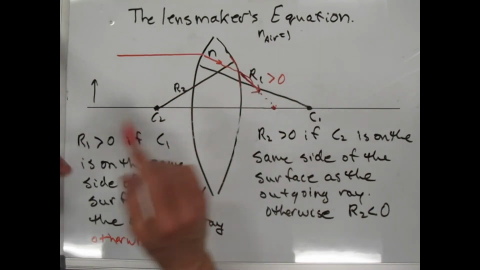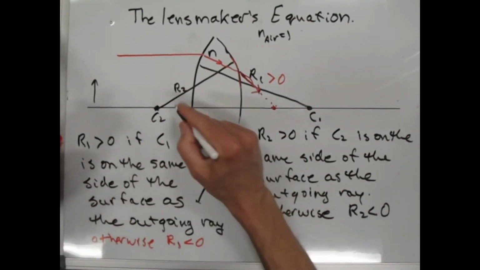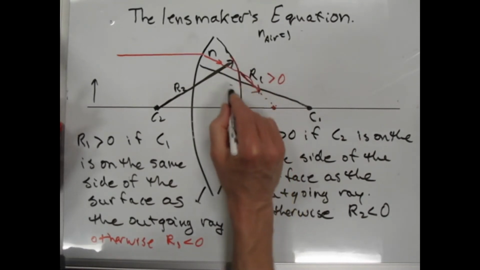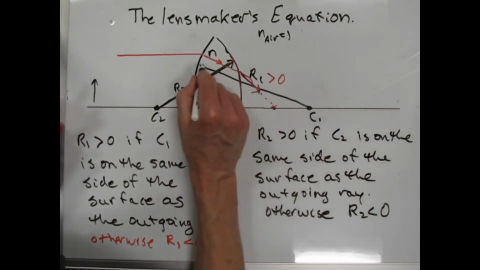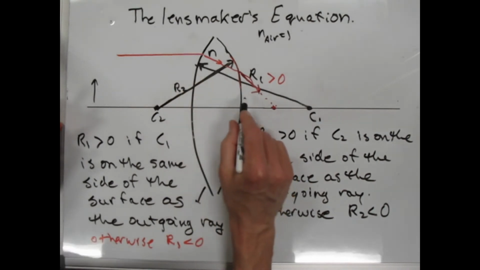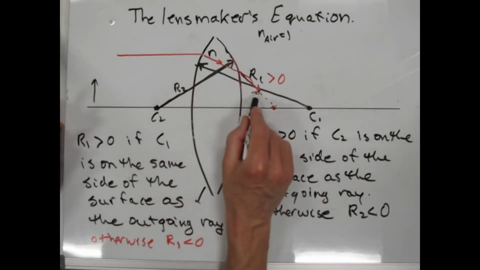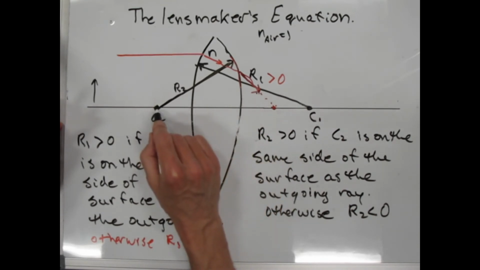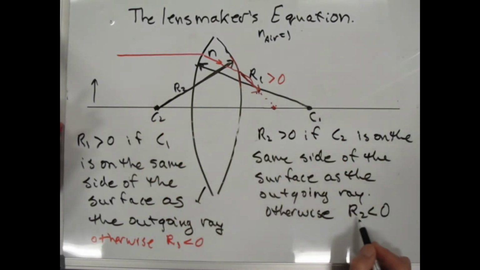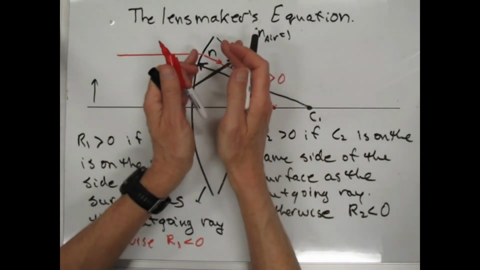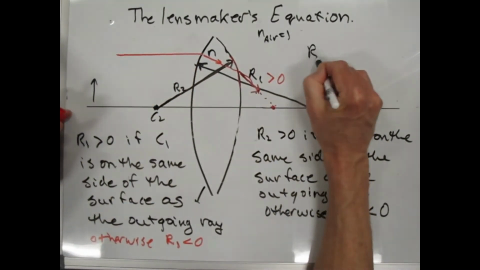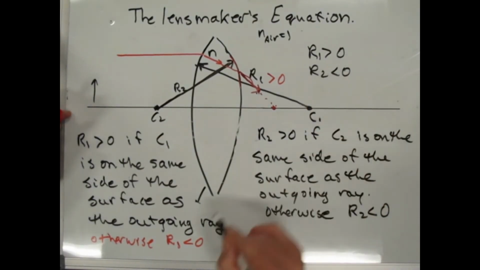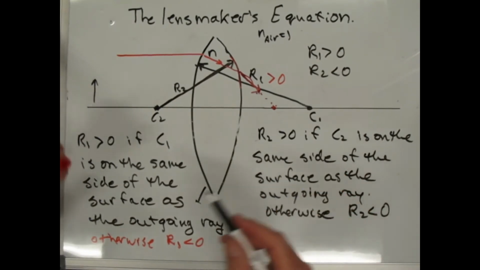So again, notice this is the radius of curvature for surface 2, and this is the radius of curvature for surface 1, right? And so for surface 2, the outgoing ray is on the opposite side of this surface from its center of curvature, and so we use R2 is less than 0. So in a double convex lens, R1 is greater than 0, and R2 is less than 0. So I'm going to do an example with that now.